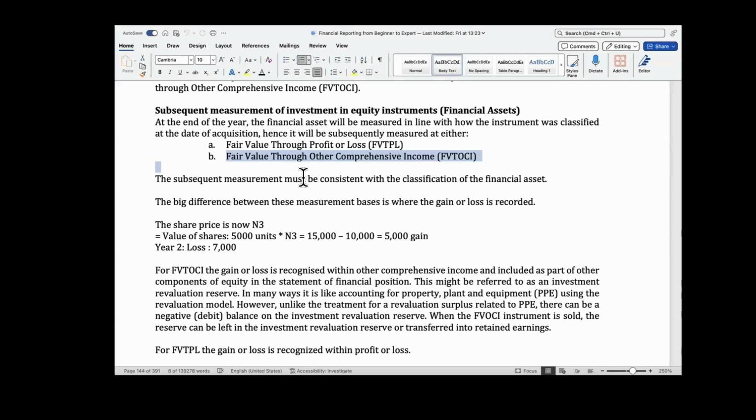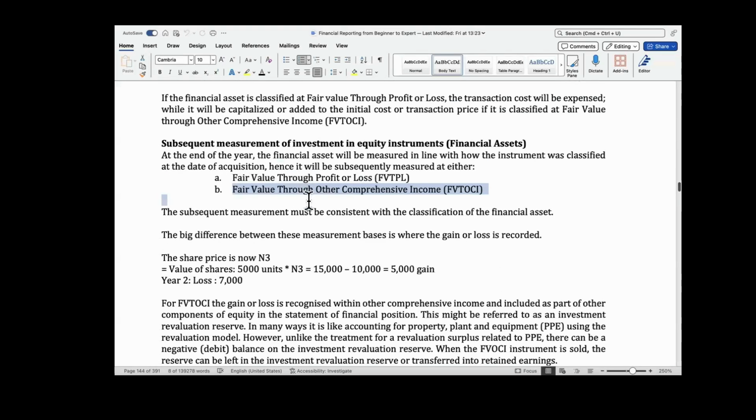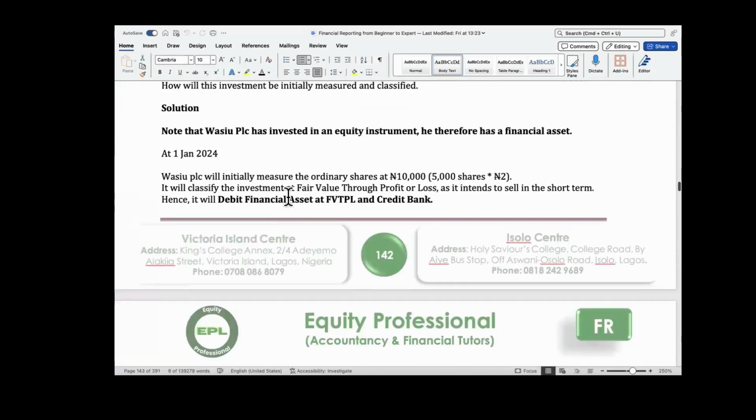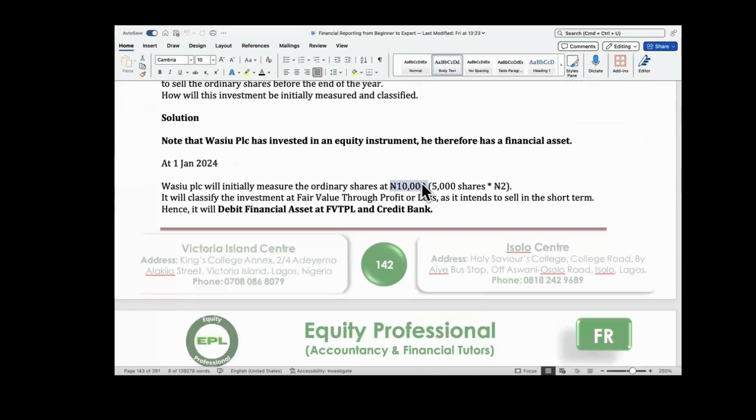Then if it is measured at other comprehensive income, OCI, sir, does it mean that we will credit bank, since you said we will capitalize, and we equally add the transaction cost to the OCI? Capitalizing means you add it to the cost of the asset. Assuming the transaction cost in this case was 200 naira, and we bought an investment of 10,000, when we say we are capitalizing, it means you add that 200 naira to the 10,000.